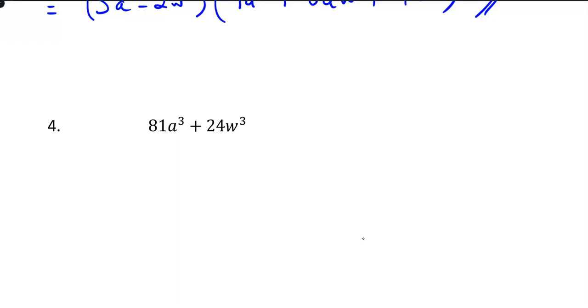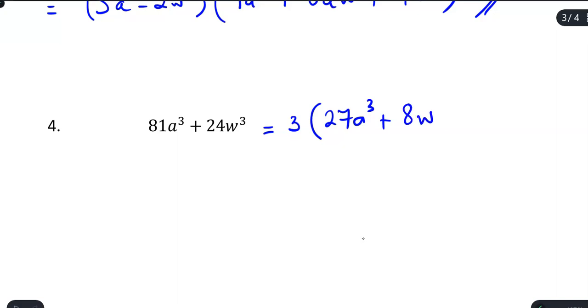So between 81 and 24, the common factor is 3. So if I factor out the 3, then what do I get? Okay, 3 multiplied by 27a cubed plus 8w cubed. Alright.